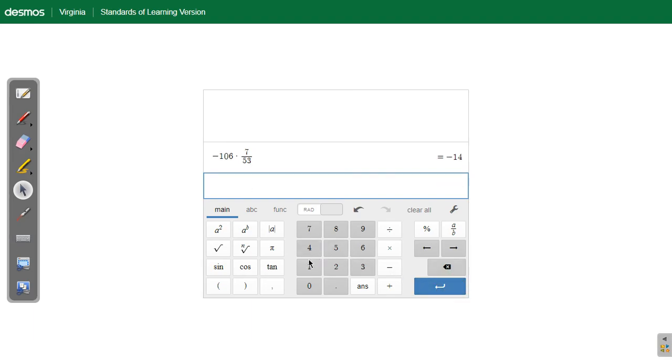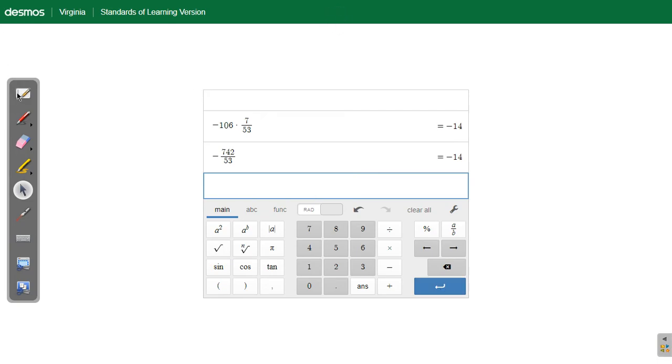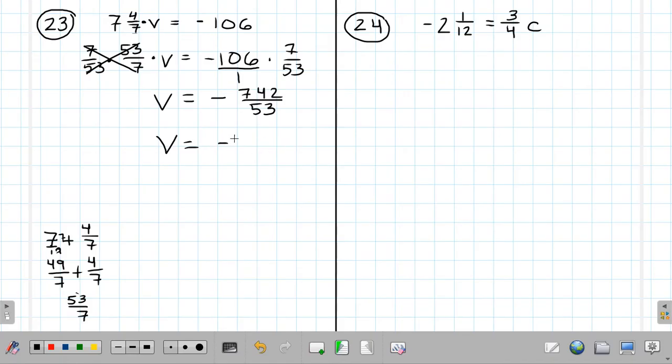We could also just do, like we just did the calculation, negative 742 divided by 53 is also negative 14. So that just tells us multiple ways that our answer is negative 14. So let me clean up that one a little bit. Negative 14.